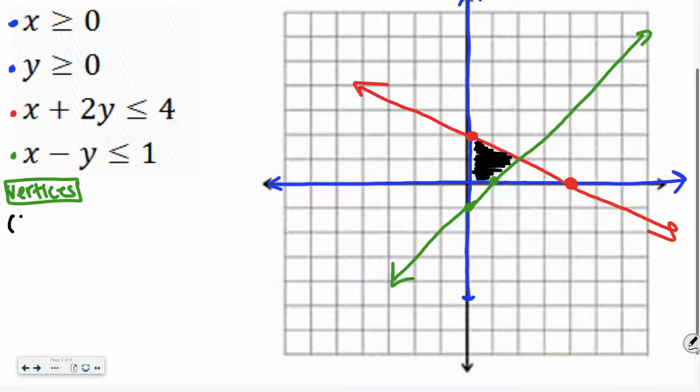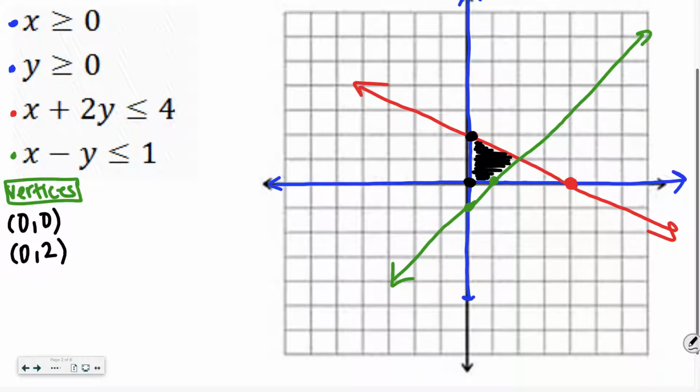Aha, 0, 0. That's where x equals 0 and y equals 0 are intersecting. Okay? Awesome. Austin, give me another one. 0, 2. 0, 2. That is where x plus 2y equals 4 is intersecting x equals 0. Okay?